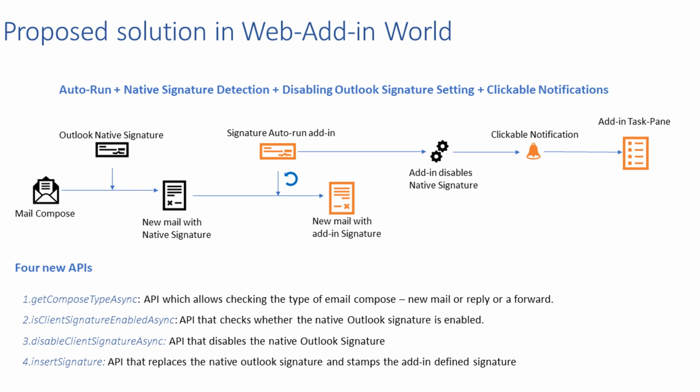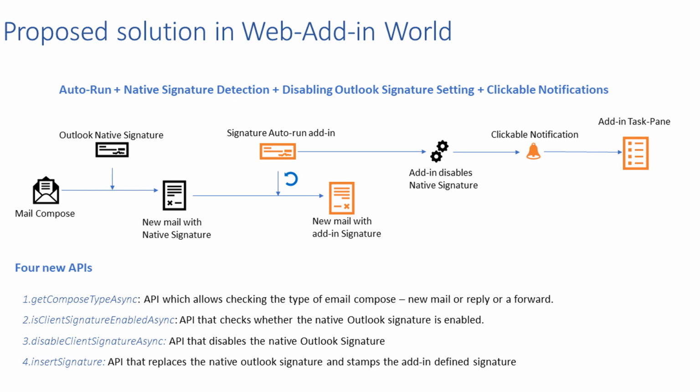Then we have two other APIs to check if there is a client signature currently active in Outlook, meaning if the user has already configured a signature, and whether you want to disable that capability or not. If the user acquires this add-in, the signatures currently configured in Outlook will be replaced with the signature provided by the add-in.